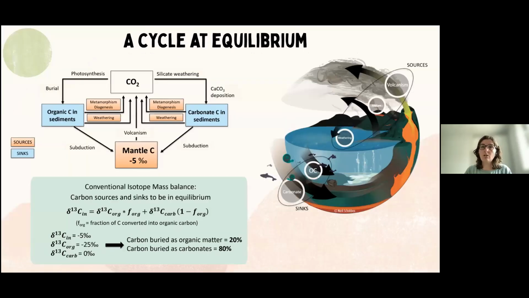The carbon cycle works at equilibrium. It means that it's a closed system that is maintained at equilibrium in the long term. In the long term, I mean the geological long term. Because in closed systems, we can apply the isotope mass balance concept to track the evolution of carbon fluxes between these reservoirs.